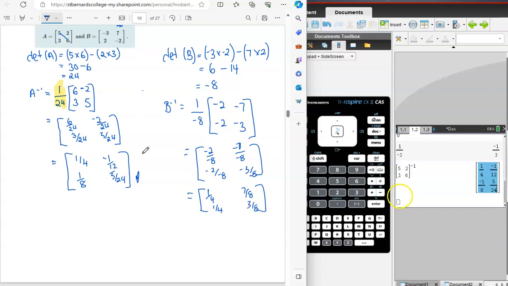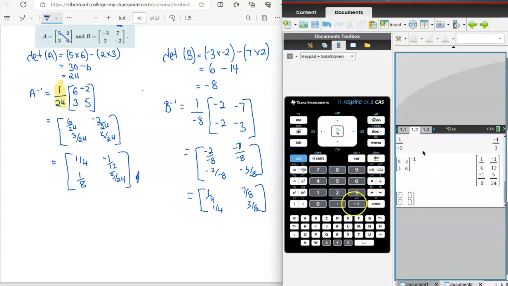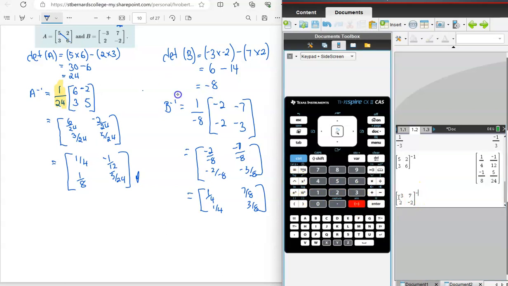So let's quickly check. I'm going to pop in a square matrix, pop in that matrix B, raise it to the power of -1, press enter, and there we go. We've got 1/4, 1/4, 7 over 8, and 3 over 8, and yep, that's the same. So that's finding the inverse and the determinant manually of a 2x2.